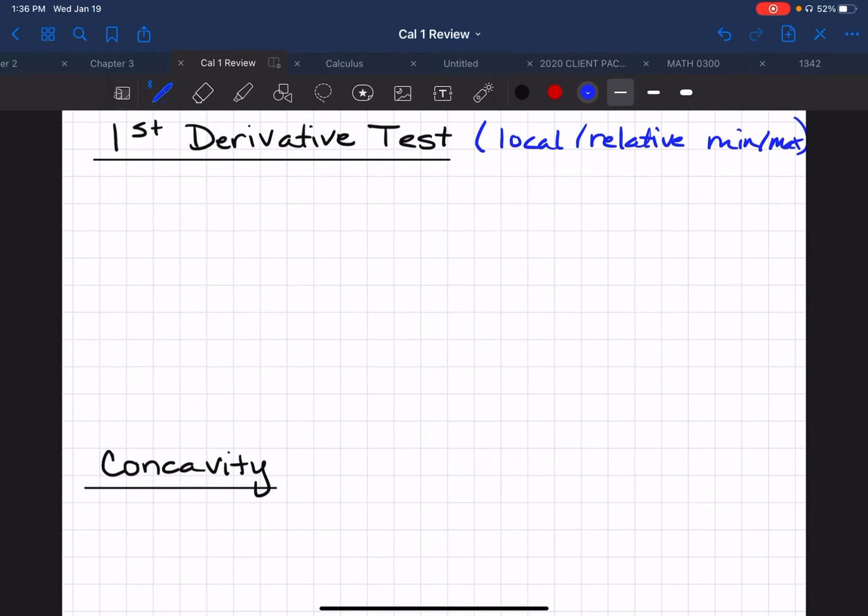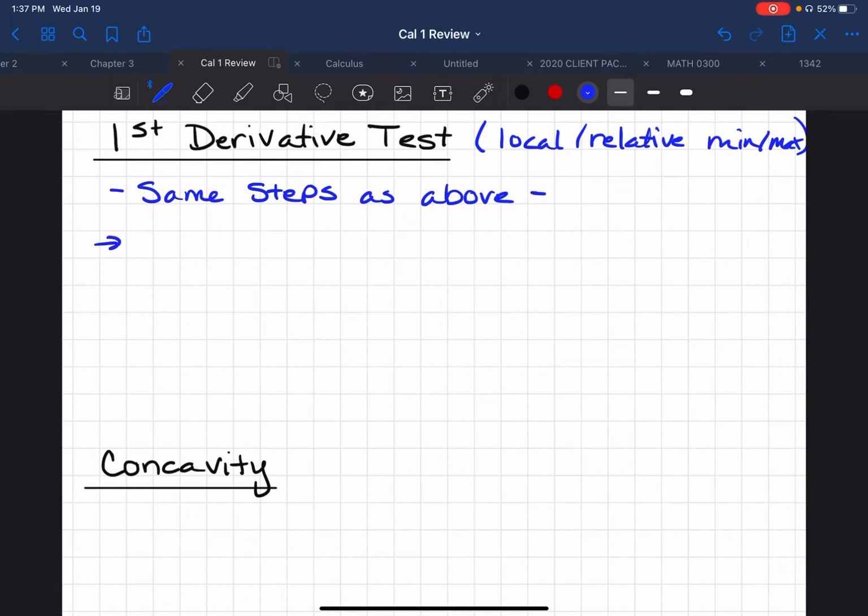It's just a maximum or a minimum or a turning point where your slope is changing from positive to negative or negative to positive. The first derivative test uses the same steps as above. You're going to find your critical numbers, set up intervals, pick points in those intervals, and plug them into the first derivative. And then you're going to see what's happening to the slope.